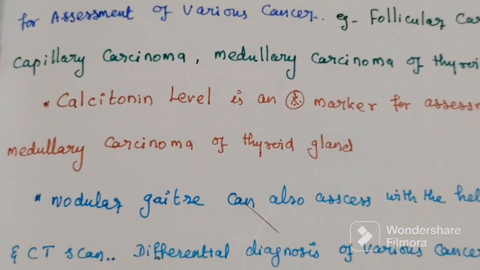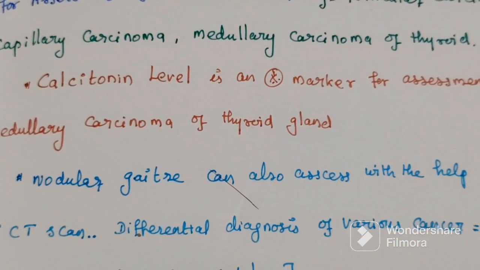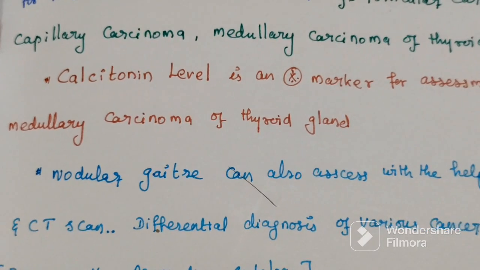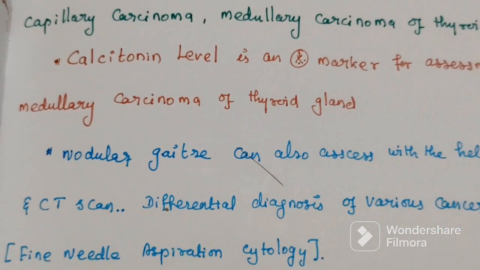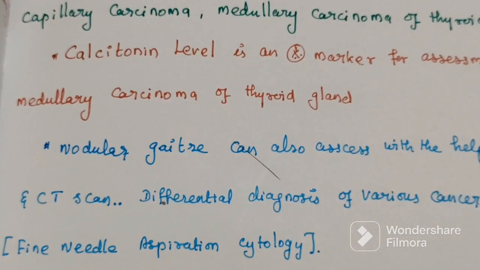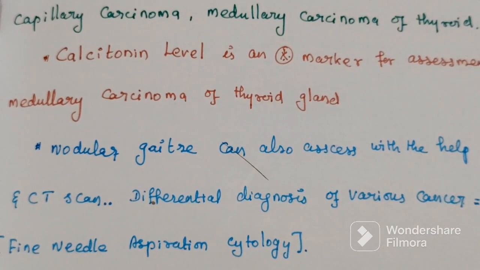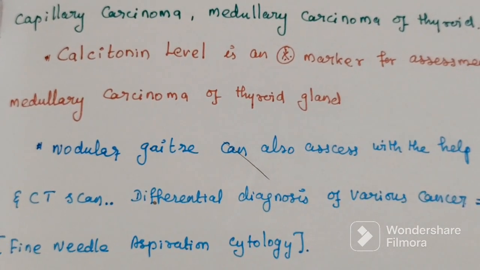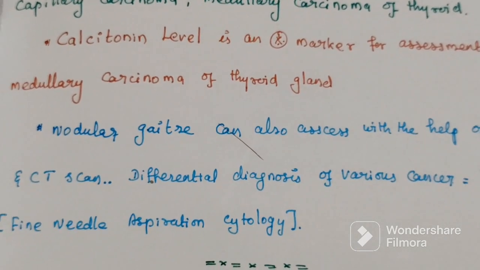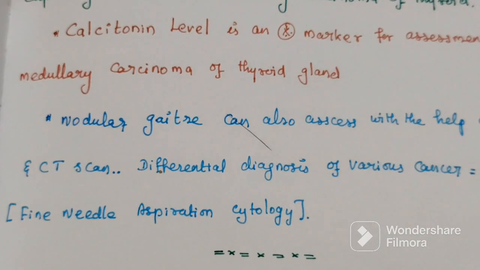Serum calcitonin level is an important marker for assessment of medullary carcinoma of the thyroid gland. Then nodular goiter can also be assessed with the help of USG and color Doppler scan.